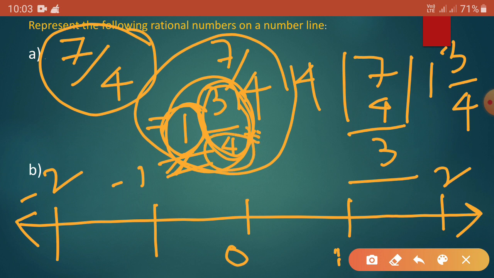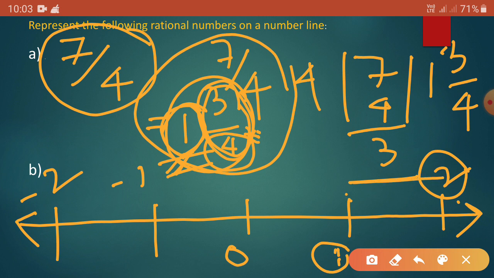If the number is 3 by 4, the lower part is 4, so we have to divide the segment after 1 into 4 parts. After 1, the next number is definitely 2. So that is 1 and that is 2.